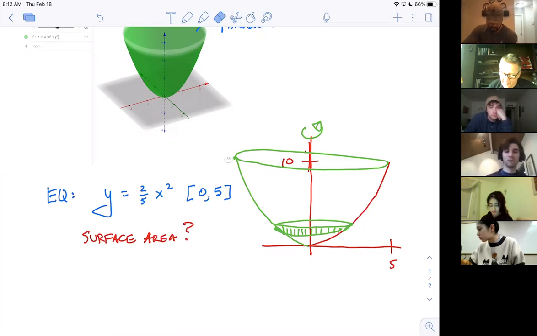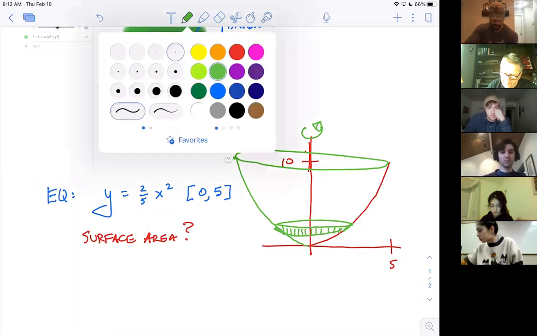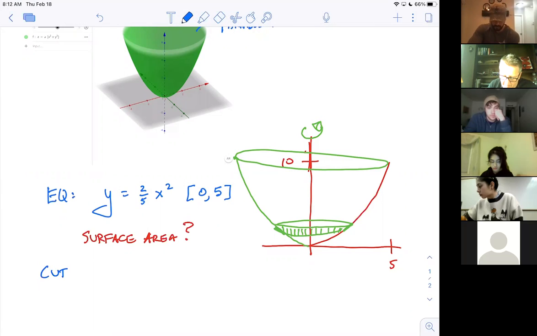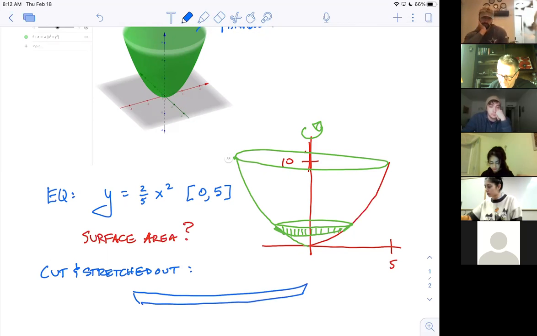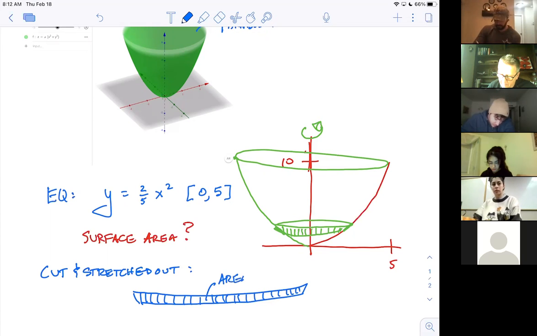And so if I cut it and stretched it out, wouldn't it look something like this? So this is why I say it's kind of like cylindrical shells. So what I need is the area of that shape right there.